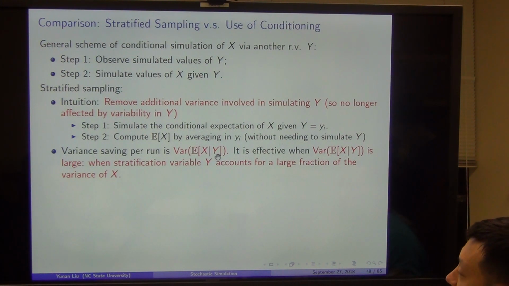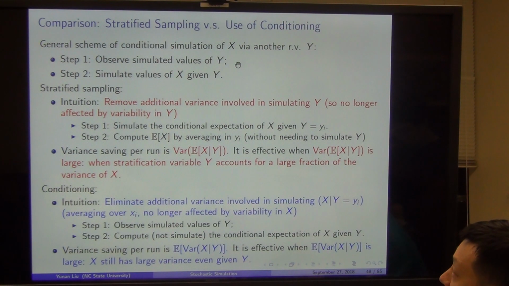This part is the variability that comes from Y. It's the variance of a function of Y, g of Y. If Y is very variable, this variance will be big. Using the sales model as an example, Y is the total number of customers that arrive in a day. If that is very variable, then this technique may work.